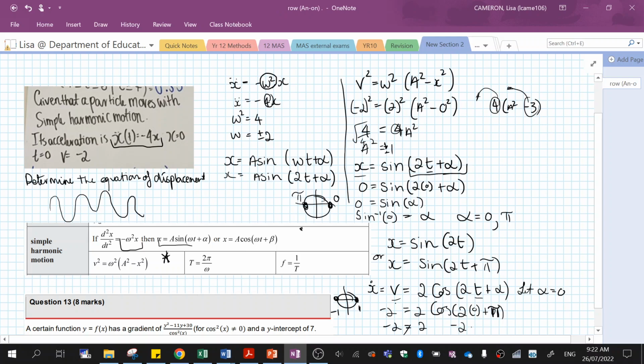So then I would have negative 2 is equal to negative 2. That statement is true. So therefore, we can say that the displacement function is truly equal to x equals sine 2t plus pi. And that will fit all of the other information that we've got. So we've successfully determined the equation of displacement.